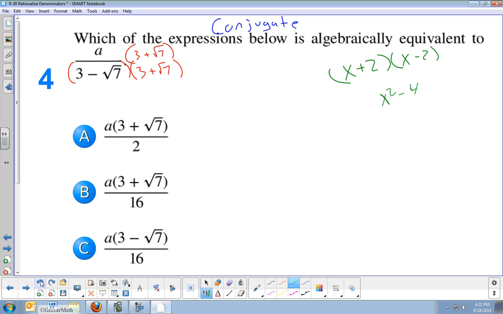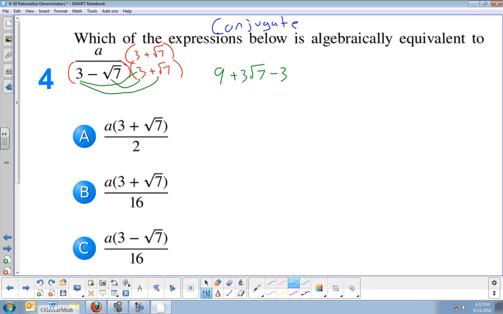That's kind of what's going to happen here, because if we were to look at all four terms here, 3 times 3 is 9, and 3 times positive rad 7 is positive 3 rad 7, and negative rad 7 times positive 3 is negative 3 rad 7, and then negative rad 7 and positive rad 7 multiply to negative 7.